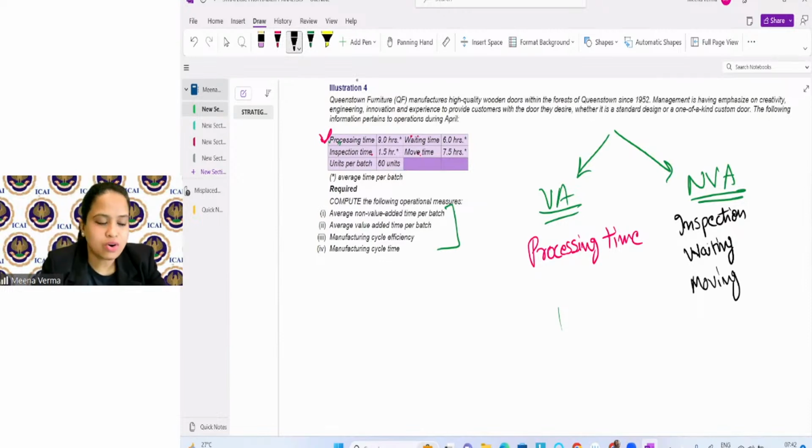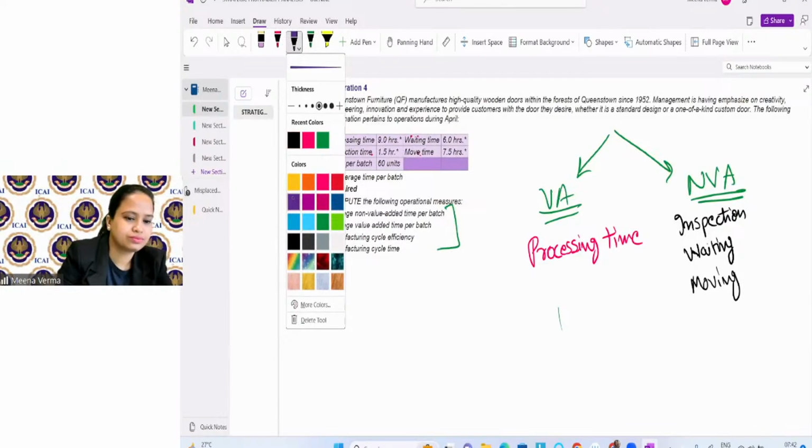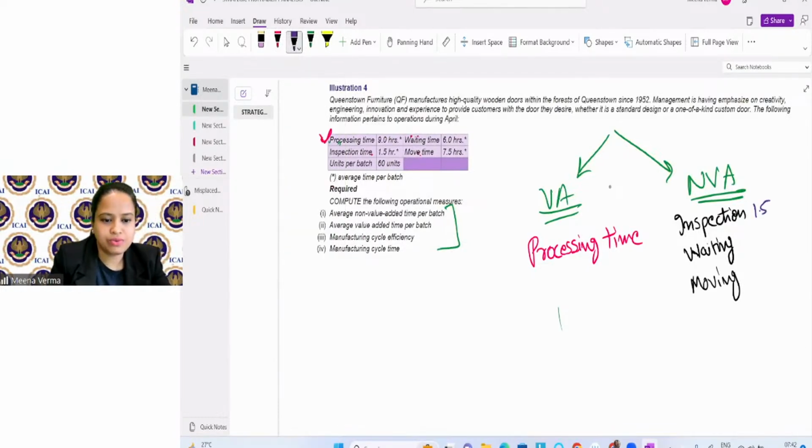So what are your non-value-added activity here? Inspection is for 1.5 hour. Waiting is for 6 hour. Moving is 7.5 hour.